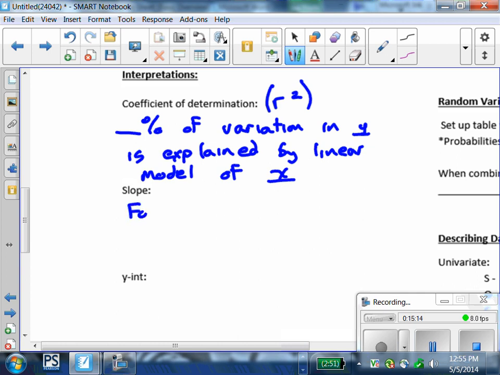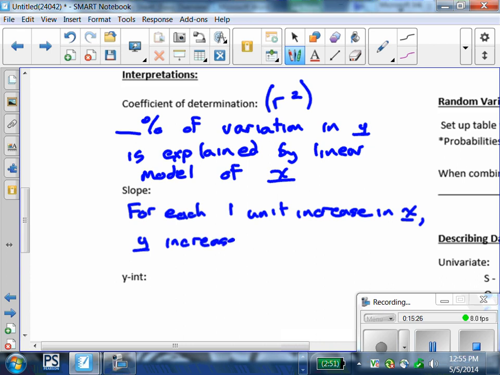Slope, for each 1 unit increase in x, y increases or decreases depending upon the sign, by the value of the slope.